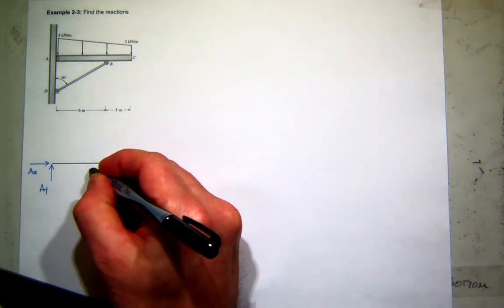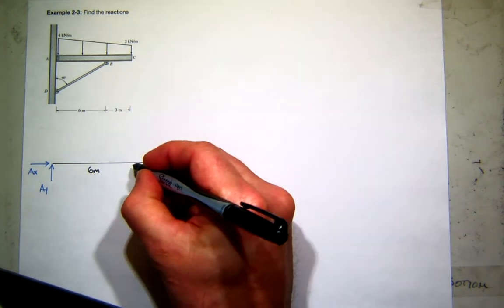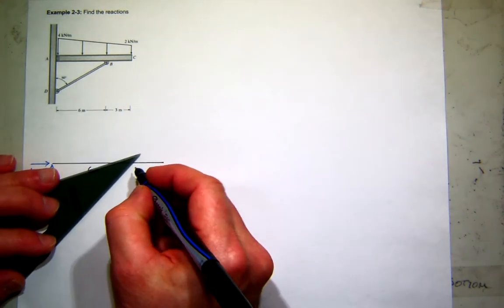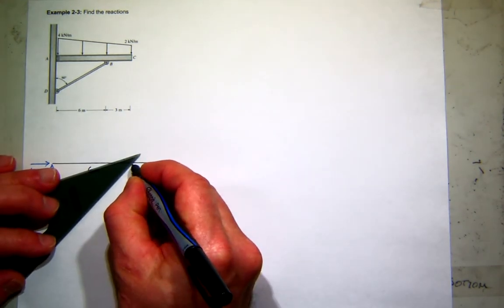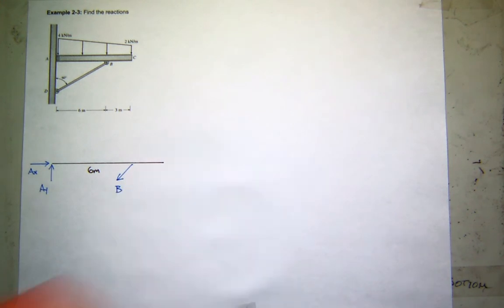Then 6 meters over, when I get to this point B, I'm going to assume that B looks like this. I'm just going to call it force B.